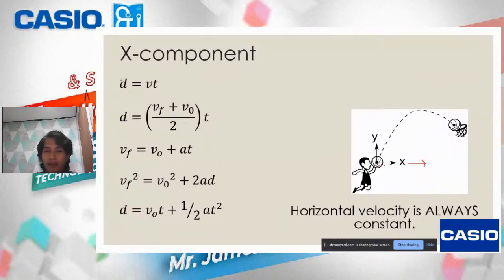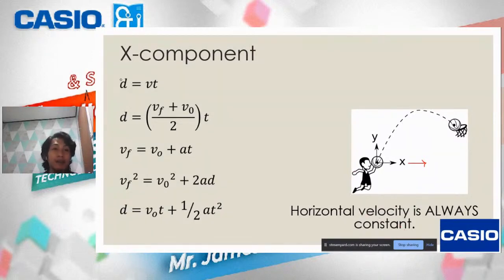At the same time, wala din kasing force, 'di ba? According sa ating law of inertia, a body at rest, body in motion will continue in motion at that path. So since walang force na mag-i-stop sa kanya horizontally, therefore, ang ating horizontal velocity is constant.